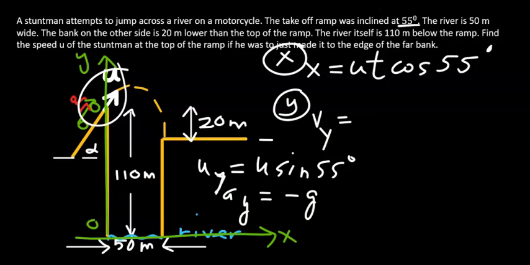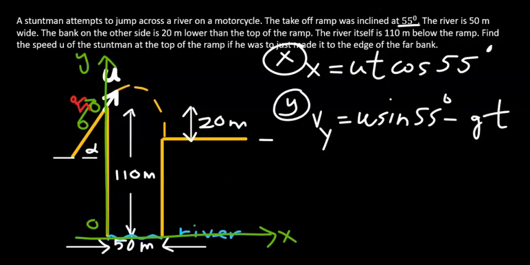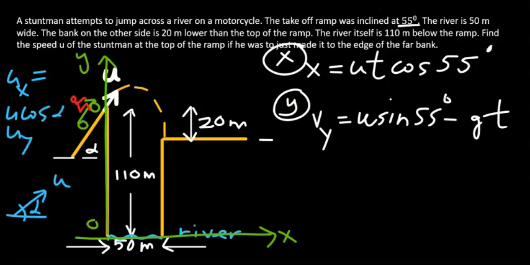So that equation will simply become u sine 55 degrees minus gt. Again, we note this is the initial velocity, at 55 degrees. So u_x by trigonometry is u cosine alpha, and u_y is u sine alpha, alpha being 55 degrees.